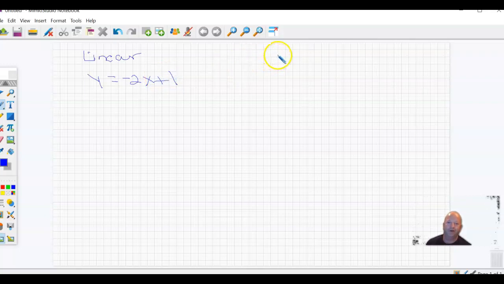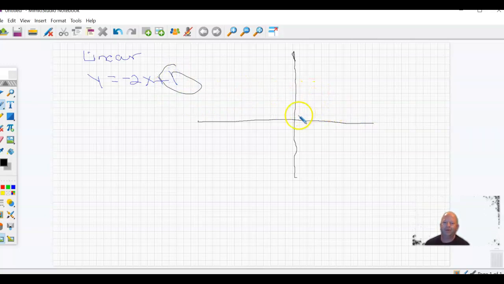So if I come over here and I make a graph, and remember, this is the starting value at 0. So we're going to go up to 1. Put a point there.